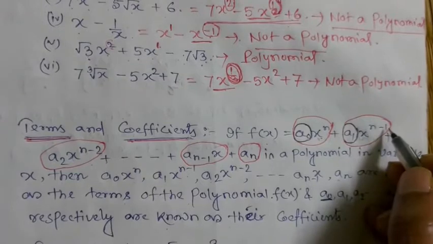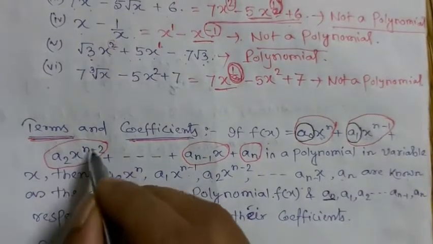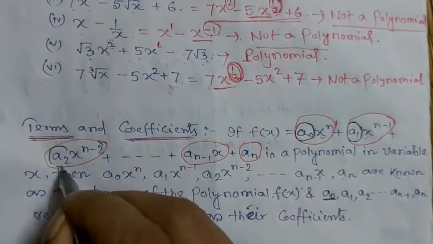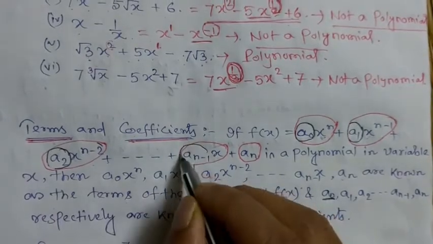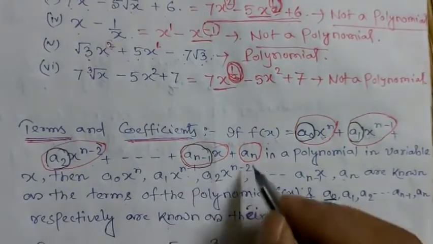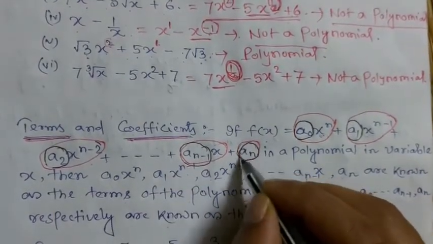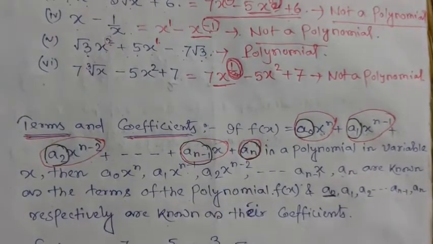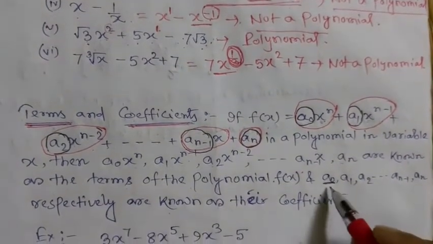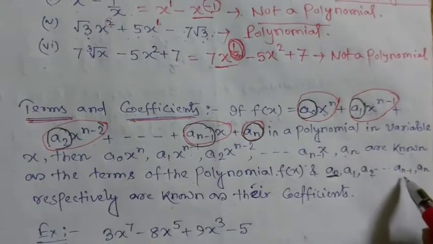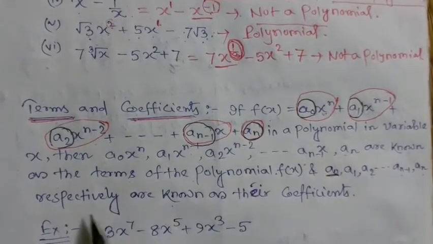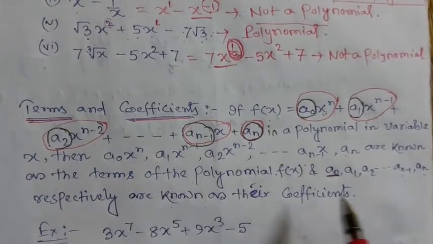That means the part except the variable. Here with x to the power n minus 2, a2 is the coefficient. Similarly an minus 1 is a coefficient, and an itself is a coefficient. So a0, a1, a2, an minus 1, an are respectively known as the coefficients.